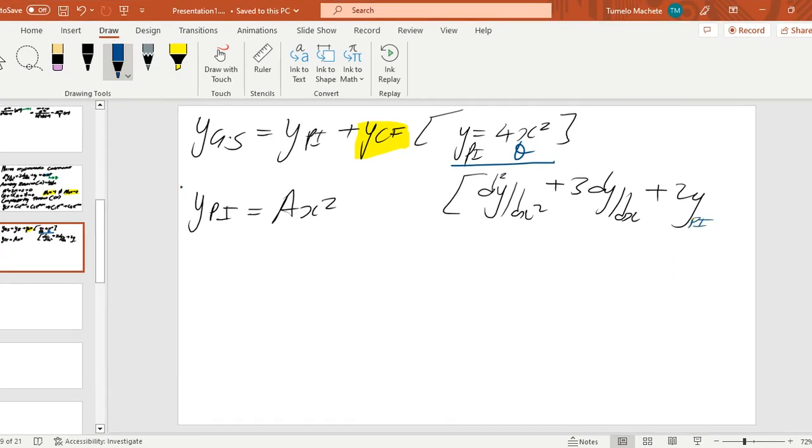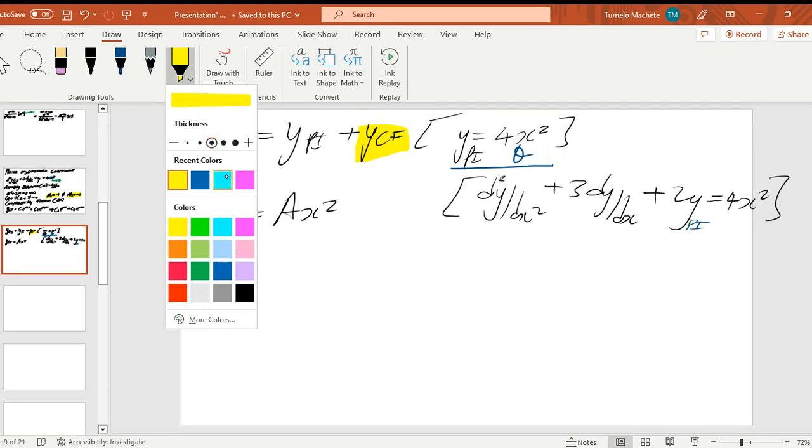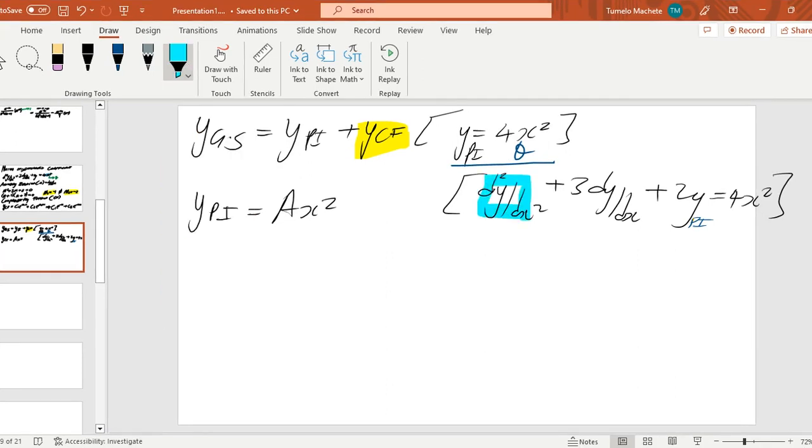So the value of YPI that you're going to get is the one that you're going to put there. This was equated to 4x squared. So look at this. You're looking for these unknown values, dy over dx, and then we're also looking for y.